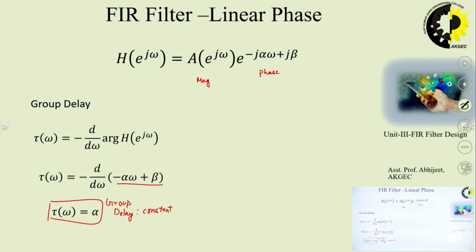If the group delay is constant, it appears that the phase is linear. So, phase being linear in the frequency domain also means that the group delay is constant.